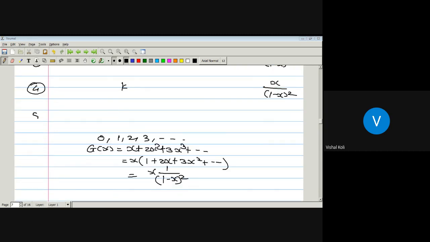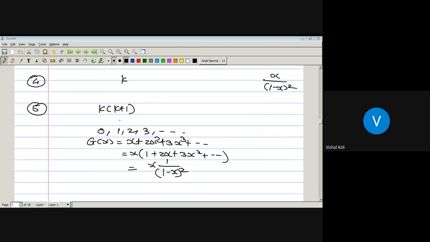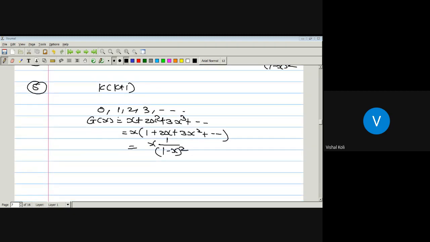Fifth one. If it is k into k plus 1, tell me what is the sequence?